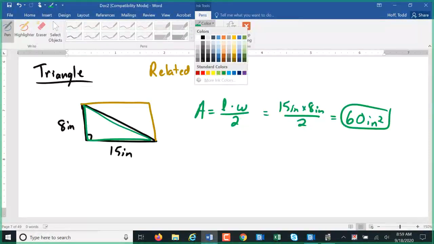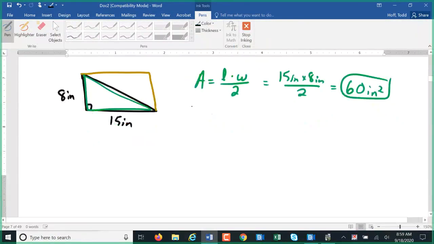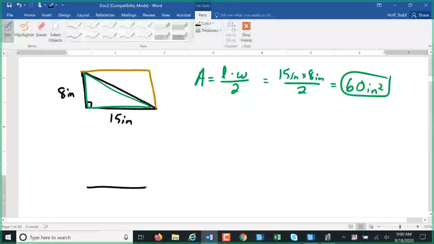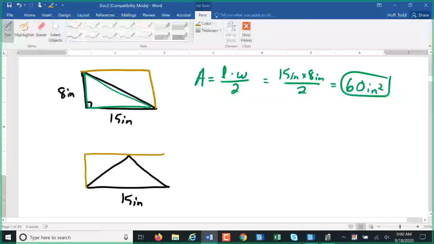It doesn't have to be a right triangle. It just has to fit into the same related rectangle. So I have a 15-inch base, and it goes like that. So I need this related rectangle that fits around it like this. I know the 15 inches is the length of that rectangle.